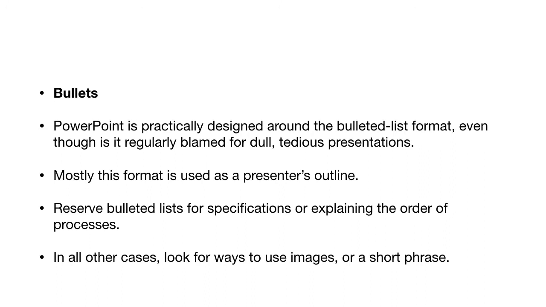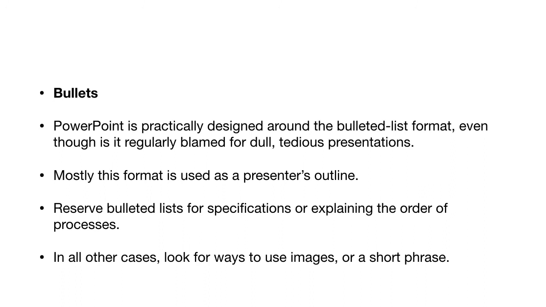Apart from that, reserve bullet lists for specifications or explaining the order of a process. It's going to work as well if you use the bullets to explain a kind of process. In all other cases, look for ways to use images or a short phrase.